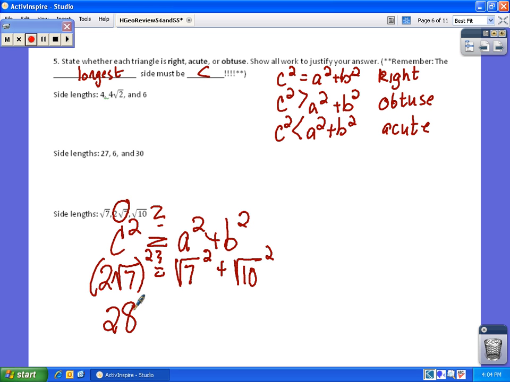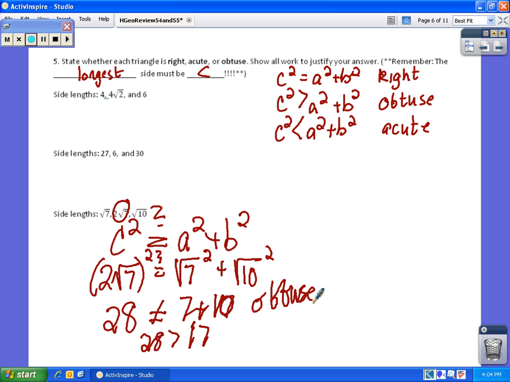Remember to square the 2, and then whenever you square a radical, the radical and the square cancel out. So I have 4 times 7, which is 28. And is that equal to 7 plus 10? Well, no. It's actually greater than. So this is also an obtuse triangle.